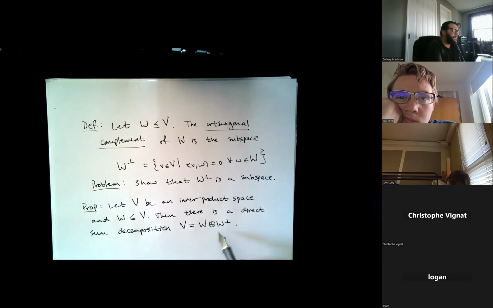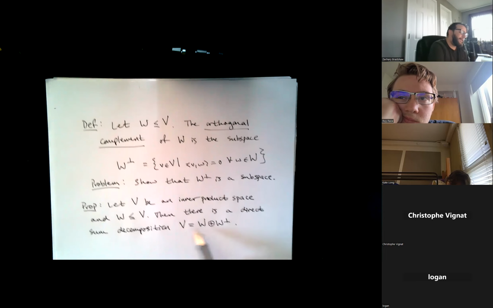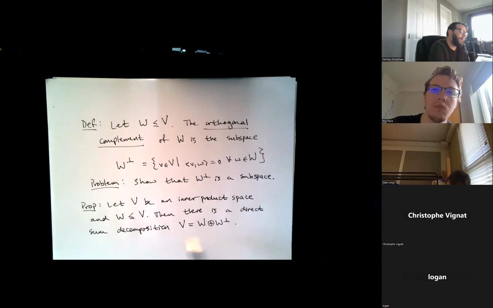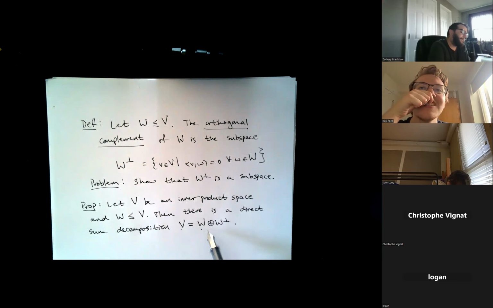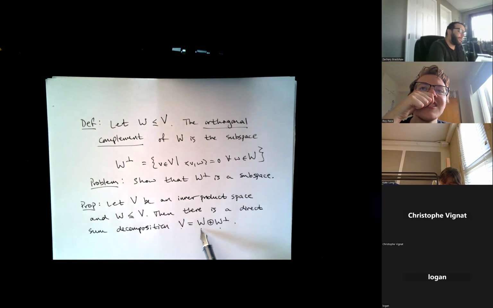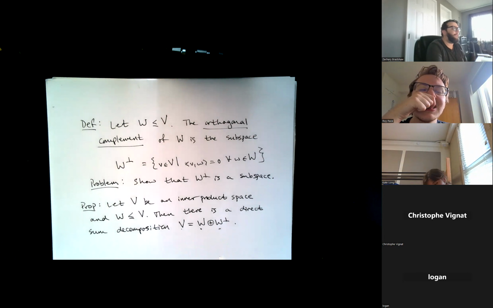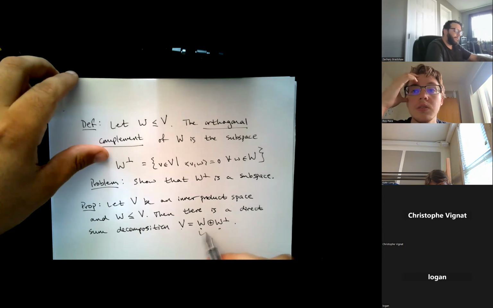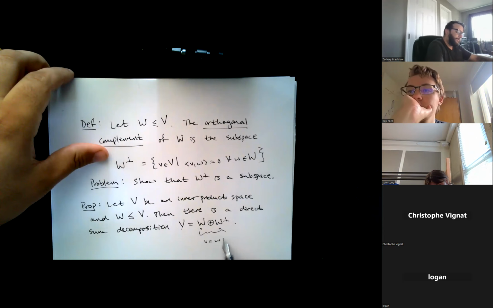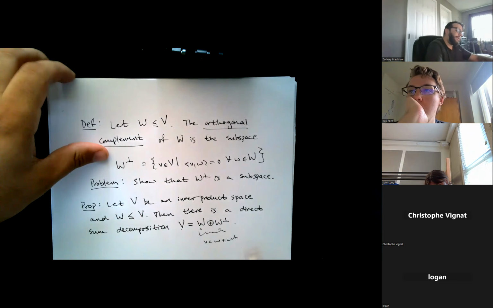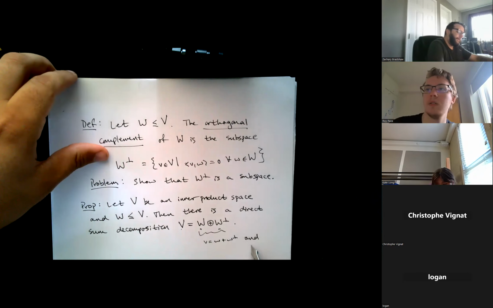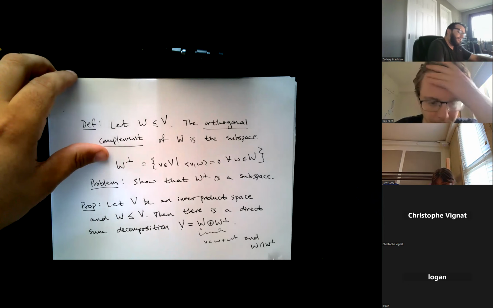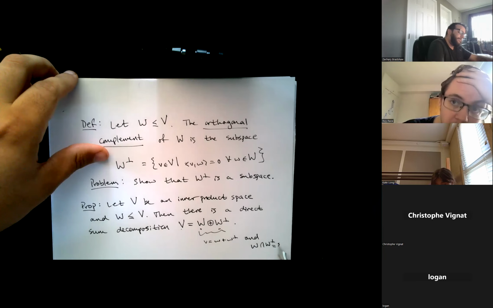Okay, so what does it mean to be a direct sum? It means that every element of V can be written as an element of W plus an element of W perp. And moreover, the intersection of these two subspaces is just the 0 element. So this means that V is W plus its orthogonal complement, and the intersection of the two subspaces is the 0 vector.